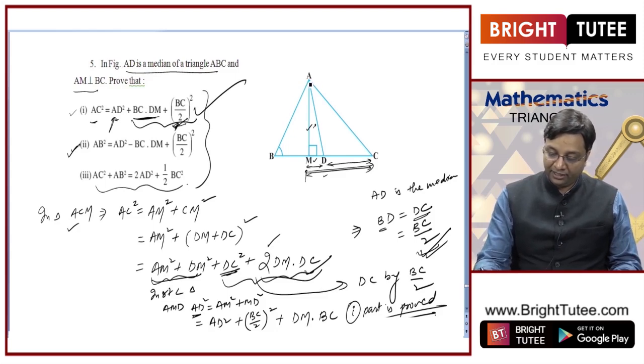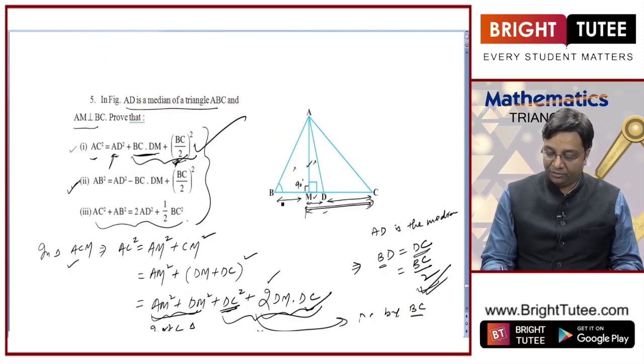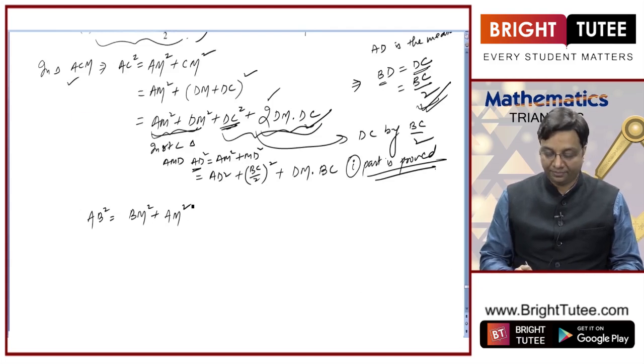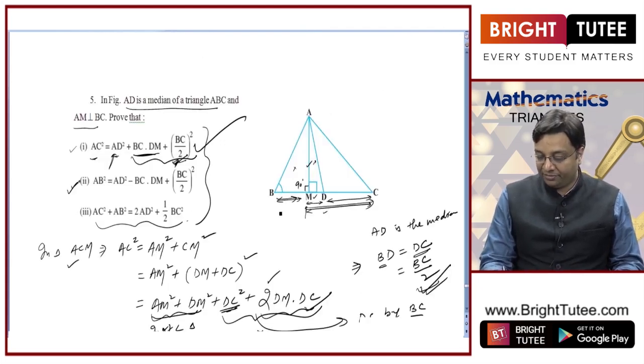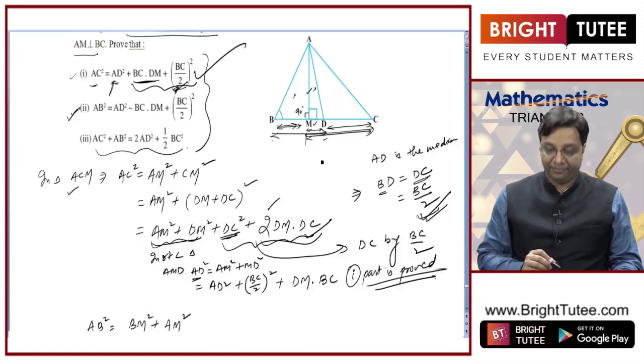Now in this triangle ABM, this is another right angle triangle here. What will be AB square? AB is opposite this 90 degrees. So AB square will be equal to BM square plus AM square. So what can I say about BM in relation with BD? It is nothing but BD minus DM.